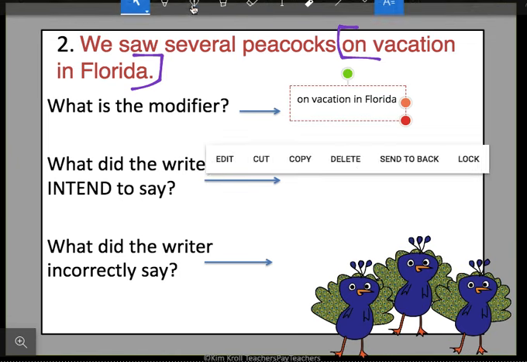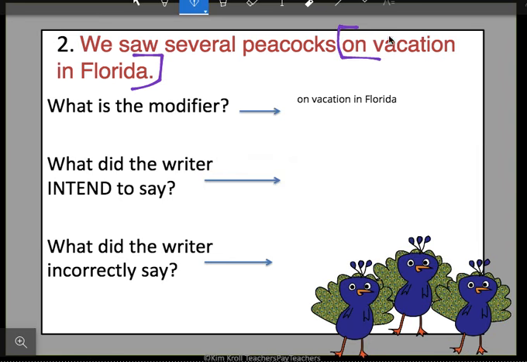If we look at it, "on vacation in Florida" is right next to the word peacocks, and that kind of makes it sound like the peacocks were on vacation in Florida. However, we assume that we want to be saying we were on vacation in Florida, not the peacocks, because peacocks typically don't go on vacation.